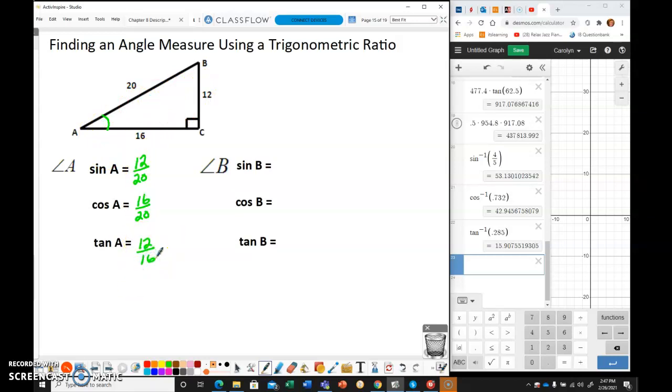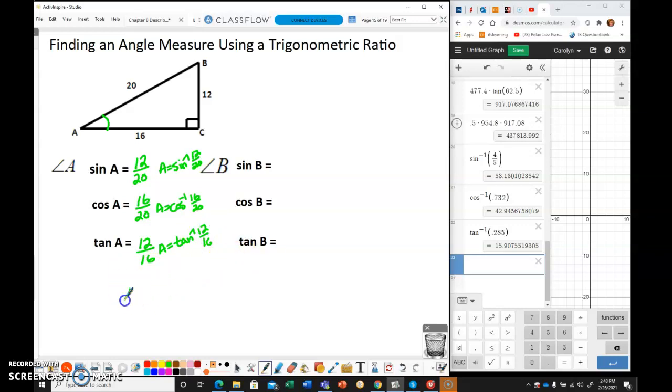Now that didn't give me the angle measure, but what I could do is for each of these, to find out angle A, what is the inverse sine of 12/20? To find angle A, what is the inverse cosine of 16/20? And to find angle A, I could also do, what is the inverse tangent of 12/16?